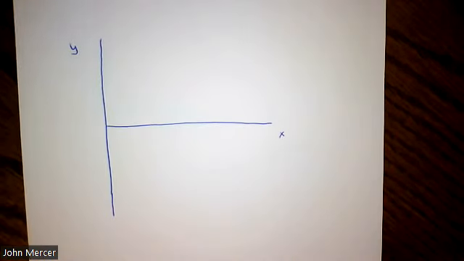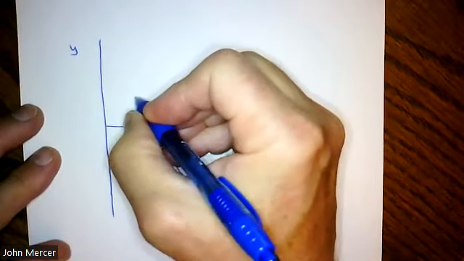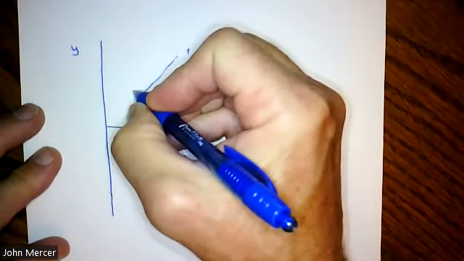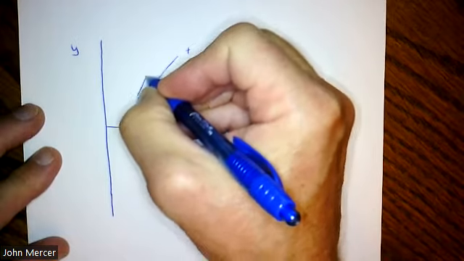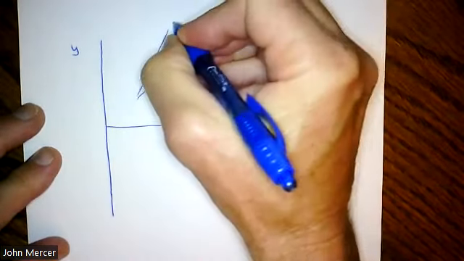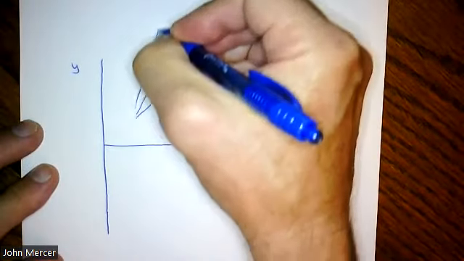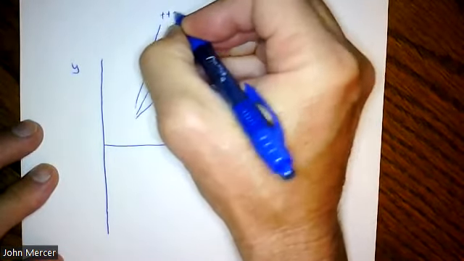Now if I have some slope here, we know that that's going to be positive. If I have another slope like that, that's going to be more positive. And if I have another slope like that, that's even going to be more positive.